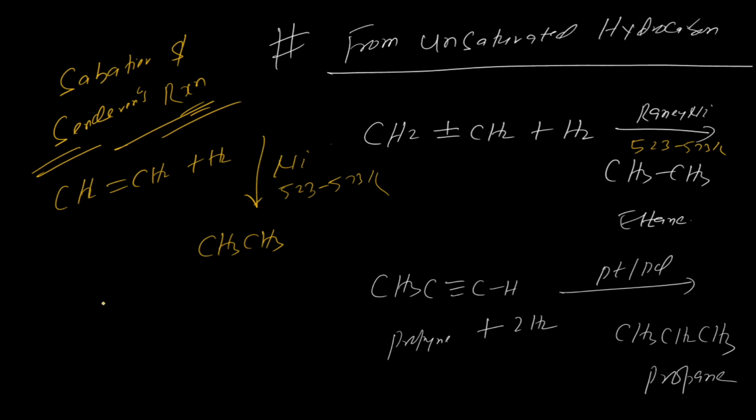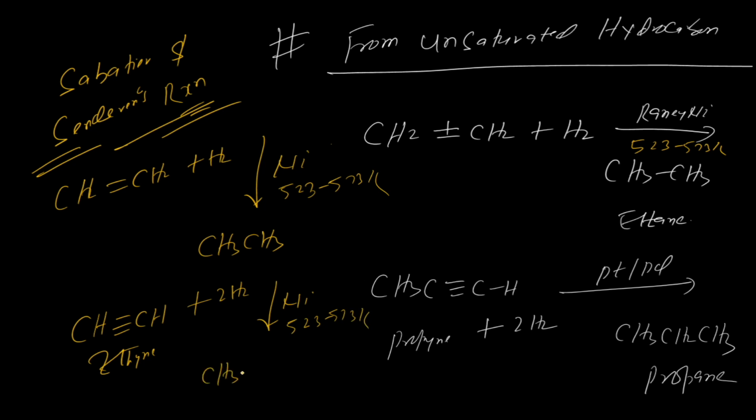So this is the Sabatier and Senderens reaction. In a similar way, if you use an alkyne like acetylene, ethyne, reduced with nickel again at 523 to 573 Kelvin, it will give you CH3 CH3. So ethane can be formed.